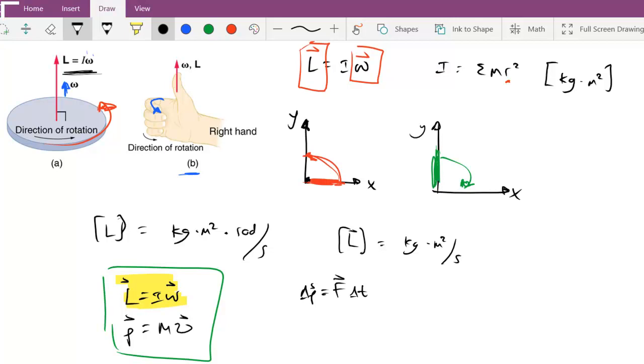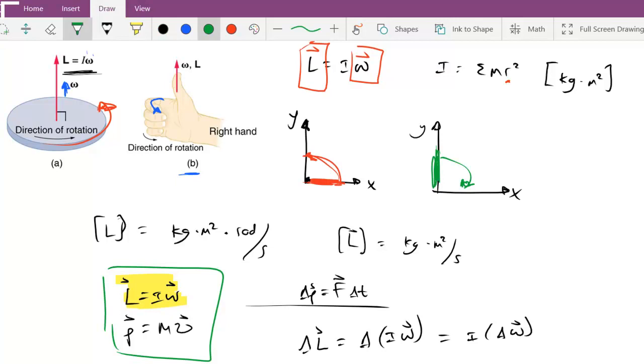If we look at a change in angular momentum, it would be a change in I omega. And if we say that our object stays the same as far as its mass distribution, so that the rotational inertia remains the same, then this becomes a rotational inertia times a change in angular velocity.